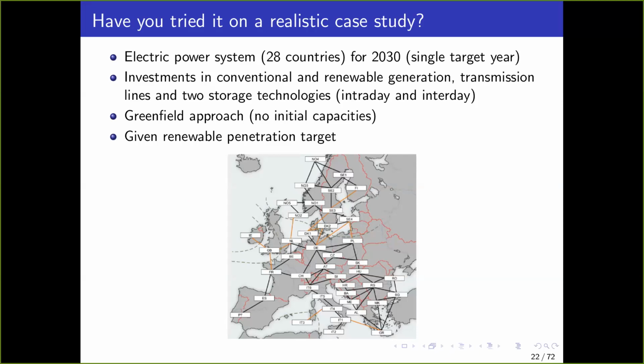The intraday, remember, to move electricity from day to night, and interday to move electricity from Monday to Friday. We assume a greenfield approach with no initial capacities, and then we also had a target renewable penetration that we had to meet in year 2030.